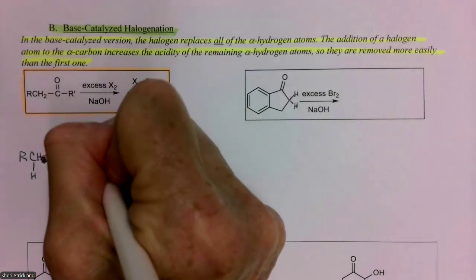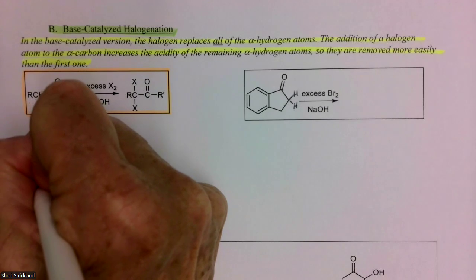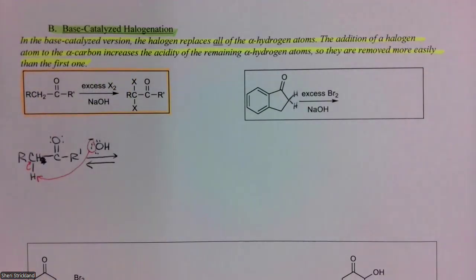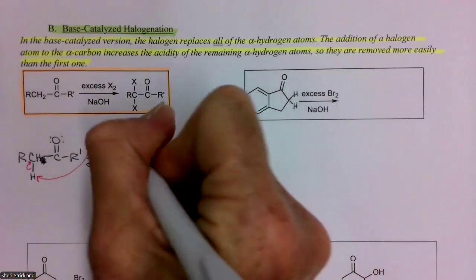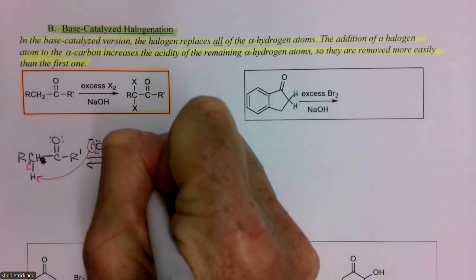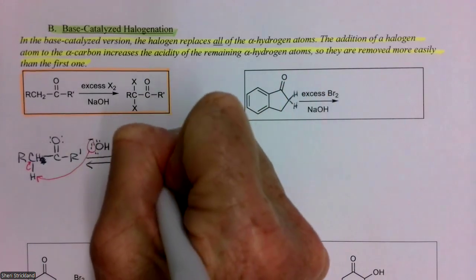So we're going to deprotonate at the alpha carbon, and these electrons up there make that enolate ion that has a resonance contributor.